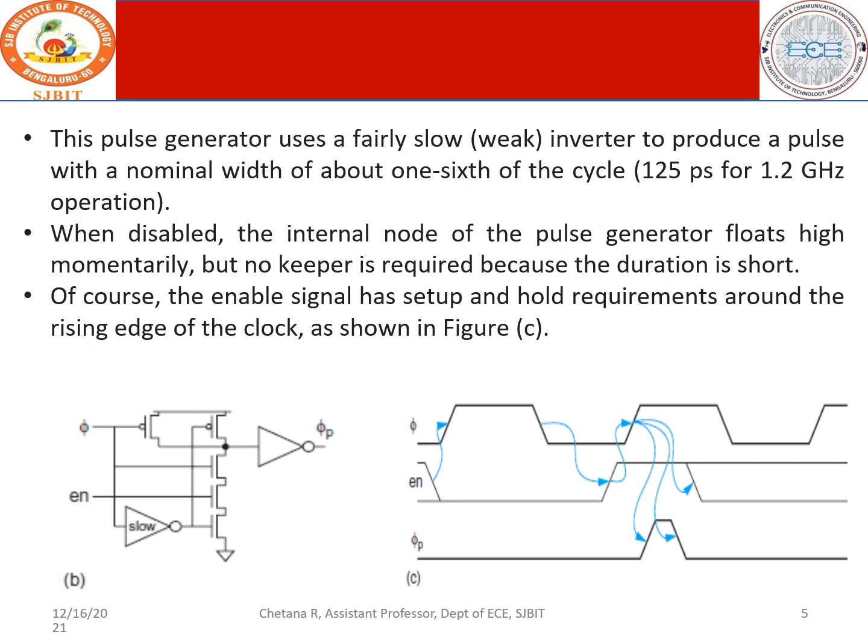Of course, the enable signal has setup and hold requirements around the rising edge of the clock, as shown in figure C. So this is your clock pulse, and this is the enable signal which has been given here. It is shown that when the clock is high, the enable is low, and it goes on as per the generation. Next you have the output, pulse clock.